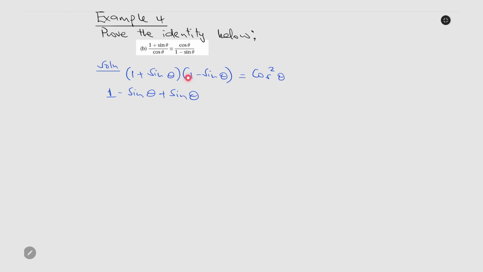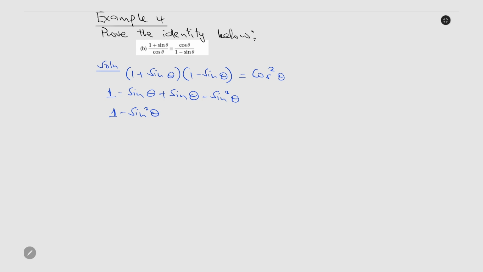And then sine theta times negative sine theta will give me negative sine squared theta. If I simplify this, I have minus sine plus sine, so this will be 0. I'll be left with 1 minus sine squared theta.